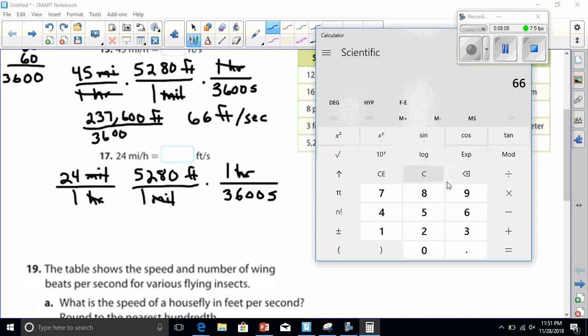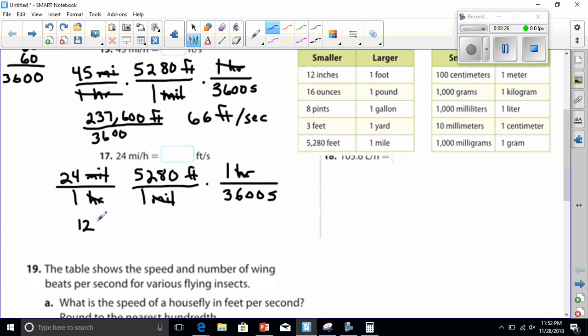We'll check that out. 5,280 times 24 gives us 126,720. And then on the bottom, well, 1 times 1 is 1, and then times 3,600.